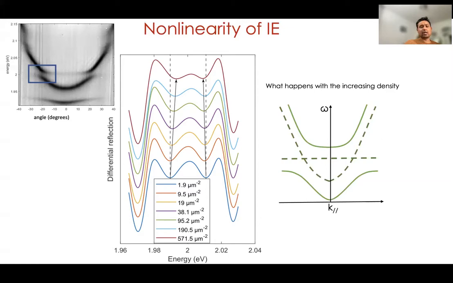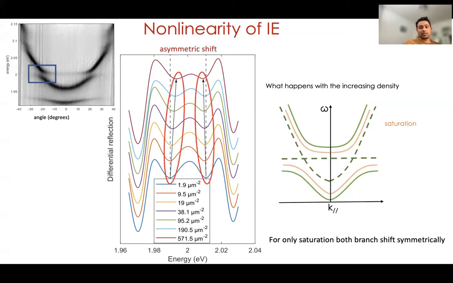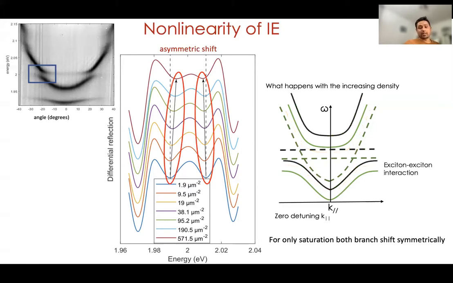But there are two different mechanisms of nonlinearity. The first is known as saturation. In that case, the two branches shift symmetrically towards each other. But in our experiment, we see the lower branch shifts more than the upper branch. And that can be understood when you take exciton-exciton interaction into account.